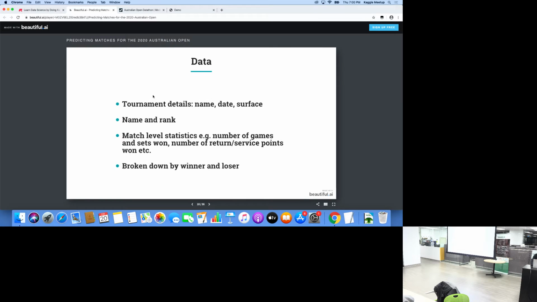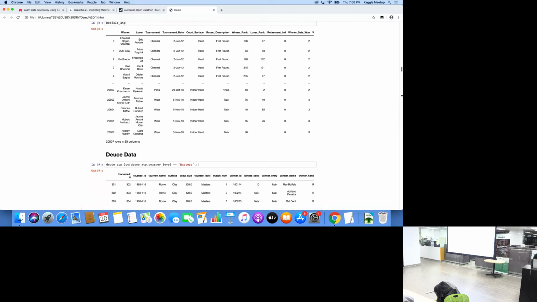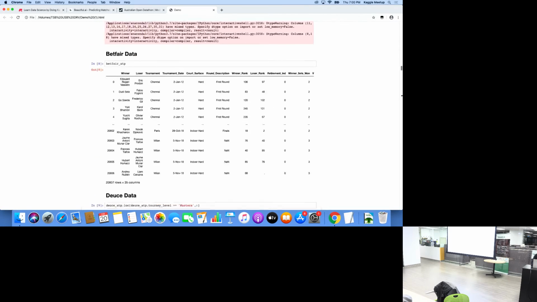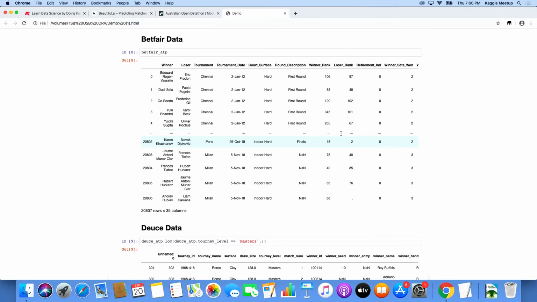Okay, so now in terms of data, probably better to give a visual illustration. This is the data that was supplied by Betfair. We have information about the winner and the loser, their names, and the tournament details. Important information are the dates and also the surface. We want to get rid of all those surfaces which are not played on hard court. We also have information about the ranks of the players, which turns out to be, unsurprisingly, a very powerful feature for predicting player performance.